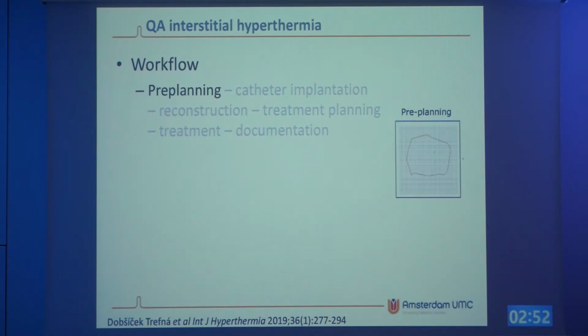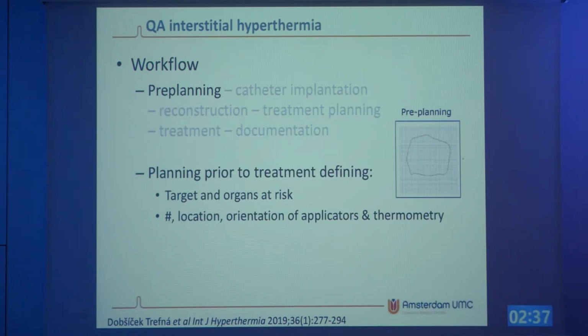So the pre-planning is shown here. Typically the spacing will be identical to that in a brachytherapy implant, so let's say typically 10-15 millimeters in between the probes. Then the planning will need to look at the target region and also at the organs at risk.